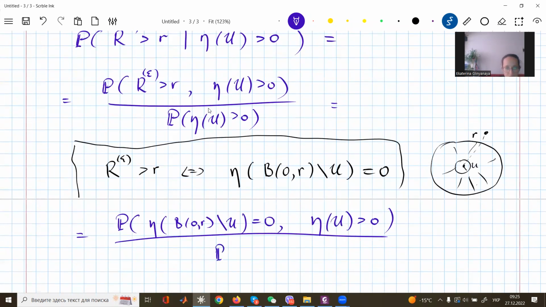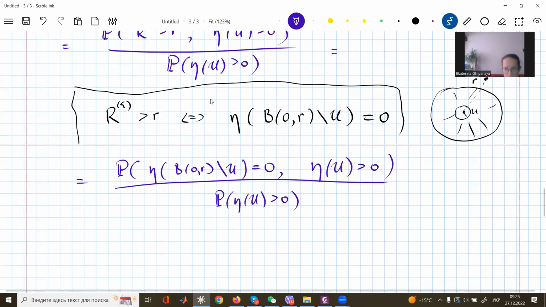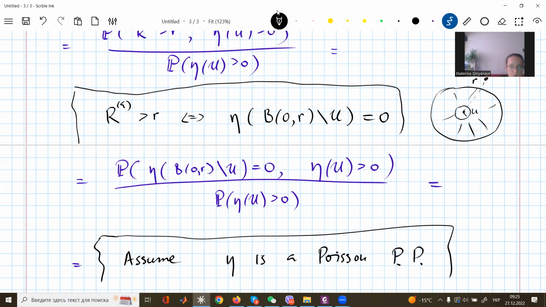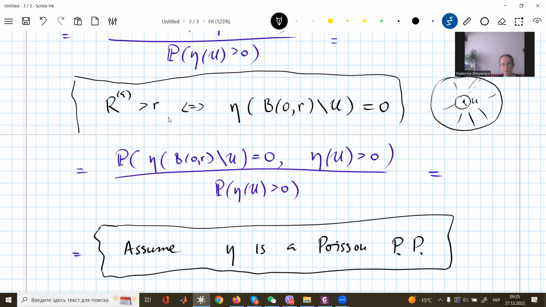And to make the next step, I will assume that we deal with a Poisson point process. So I continue my calculation for a Poisson point process. Assume that eta is a Poisson point process. What is the main feature of a Poisson point process? That the values on non-intersecting subsets are independent.